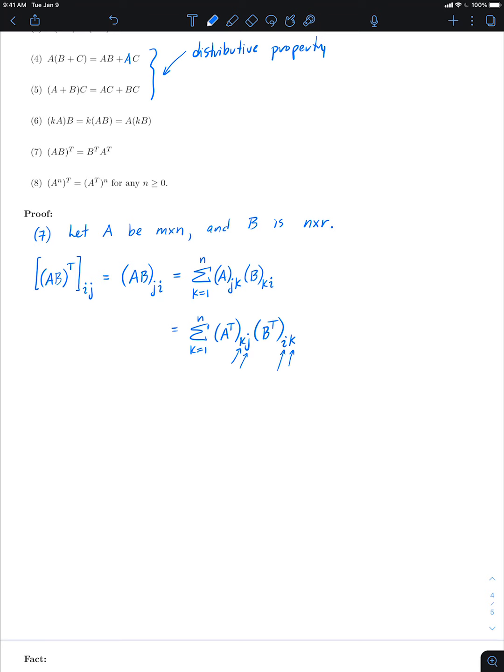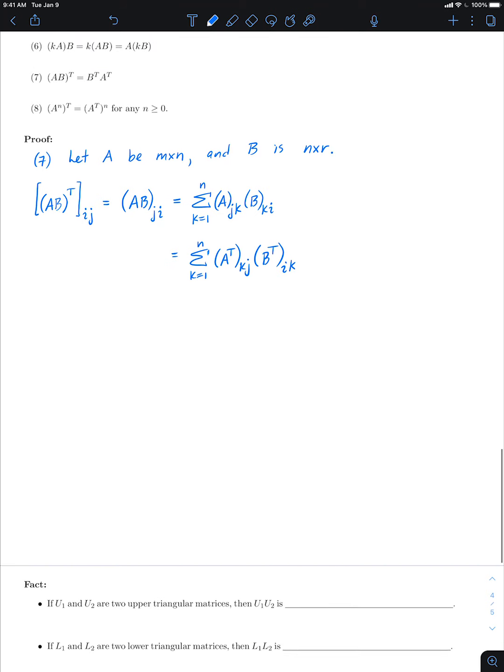But that's okay, because they're supposed to be swapped. That's what we're supposed to end up with, B transpose times A transpose. So if we say this is the sum from k equals 1 to n, nothing's changing here, but I'll change the order of the two factors: the entry from B transpose in the ith row and the kth column, multiplied by the entry from A transpose in the kth row and the jth column.